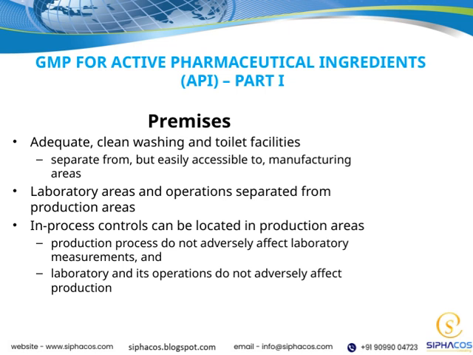Conversely, laboratory operations should not negatively impact the production process. Maintaining this balance is key to consistent quality and compliance with GMP standards. All of these premises form the foundation for a robust quality system, ensuring that the manufacturing of active pharmaceutical ingredients, or APIs, is both effective and compliant with regulatory expectations.